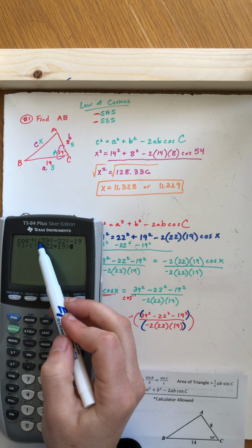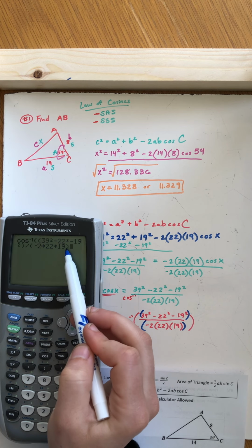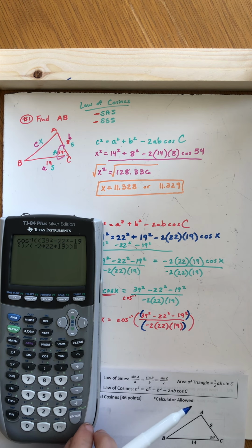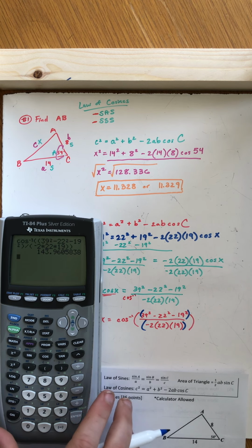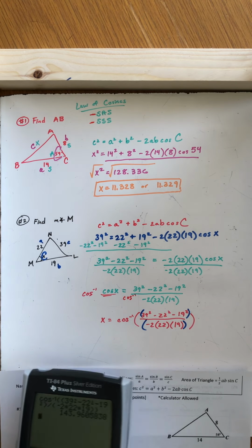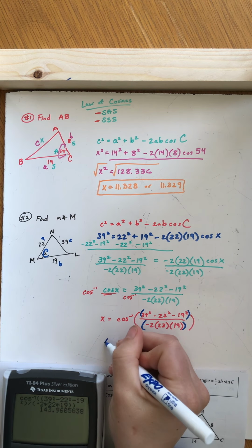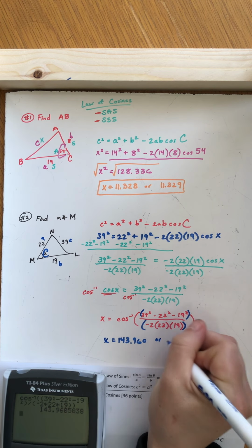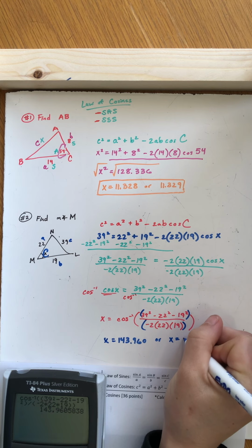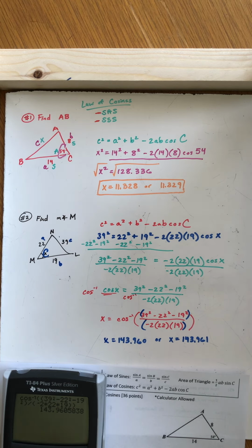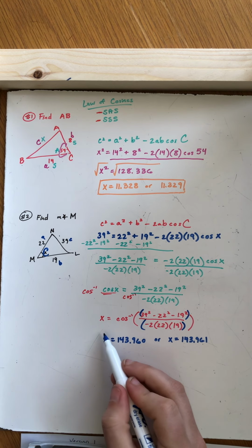So if you can tell, I have an open set, a closed set, an open set, a closed set, and then I need to close this first parenthesis that they have written right there. So I get 143.960, or the other acceptable answer would be 143.961. Either of those answers would be okay.